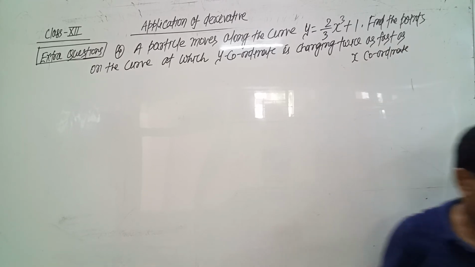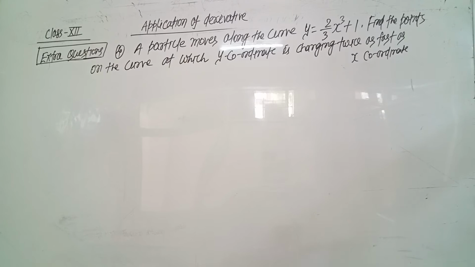So we have given that a particle moves along a curve and the equation of the curve is given, 2 by 3 x cube plus 1, and we have to find the points on the curve. It is given that y coordinate is changing twice as fast as the x coordinate.